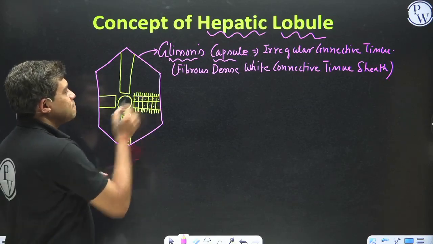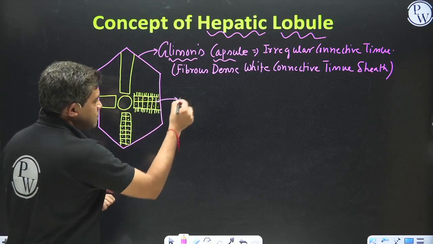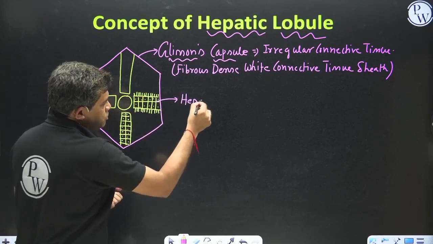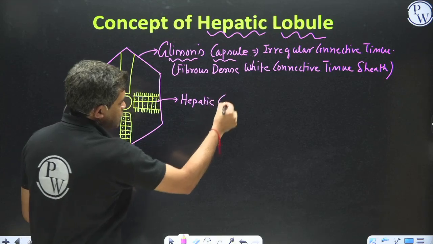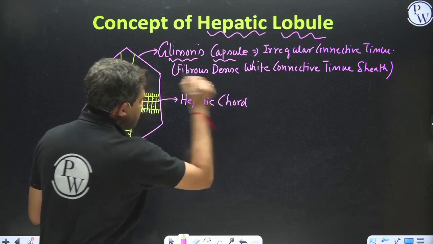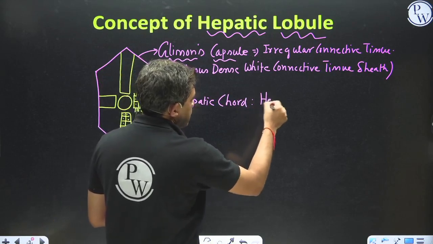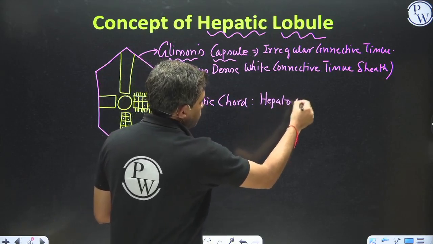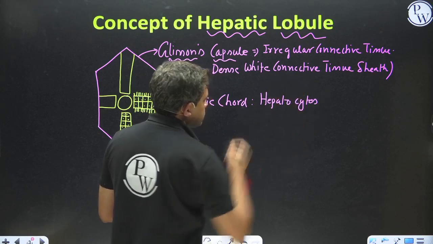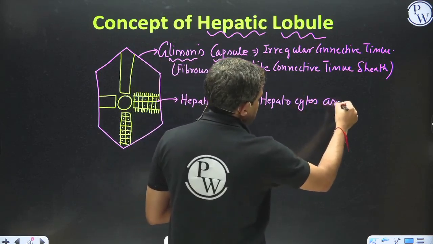These are the hepatocytes, and this is termed a hepatic cord. So hepatic cord means what? These are the hepatocytes.